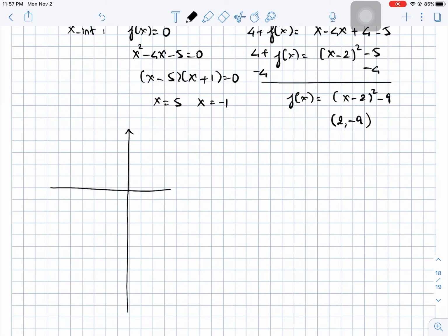Then I solve for f of x: I subtract 4 from both sides, and I get the form x minus 2 squared minus 9. The vertex is h comma k, so it's 2 comma negative 9. You can solve this problem using transformation, but I will do it like this. So the vertex that I got is 2 comma negative 9.